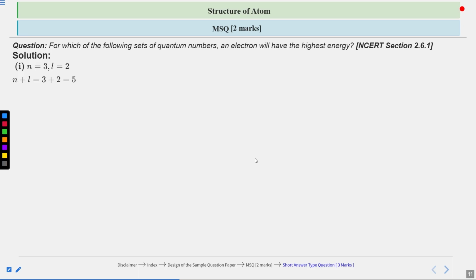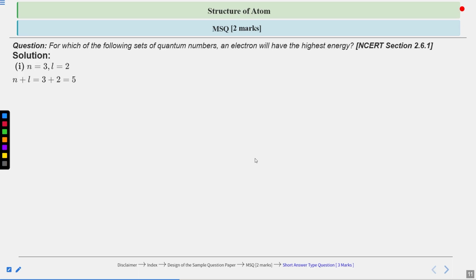But what about the value of ml and ms? Remember, students, if you are determining the energy, you do not have to worry about the ml and ms values. You only have to worry about the principal quantum number and the azimuthal quantum number. You add them both. If they are different, the one with the higher value will have the higher energy. If they are equal, then go for n. The one with the highest value of n will have the higher energy.